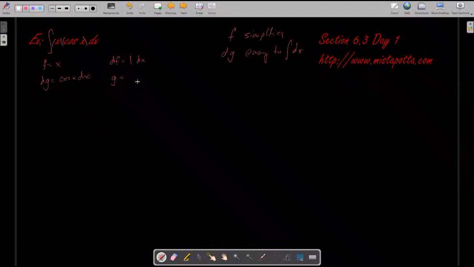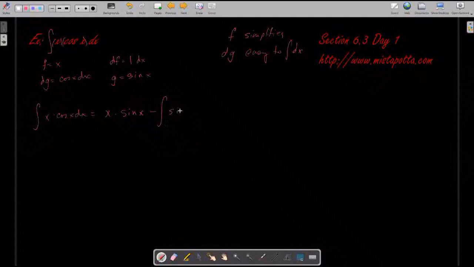So I end up with my integral of x times cosine of x dx being equal to f times g minus the integral of g df.